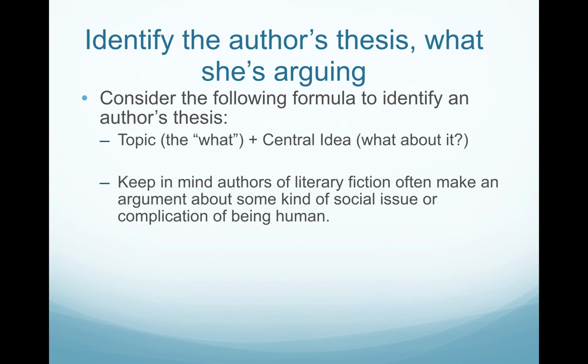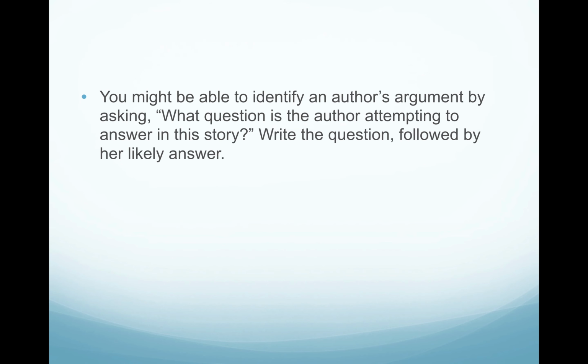So again, a good identification of the author's thesis will be something that can be supported by the text and something that cannot be disproven by other parts of the text. Another way to identify a story's thesis is to maybe first identify the question that you think the author is trying to answer in the story, because sometimes it's easier for us to imagine the question than it is the point.